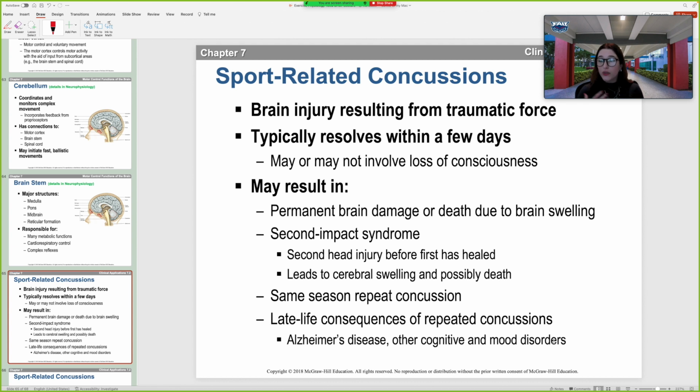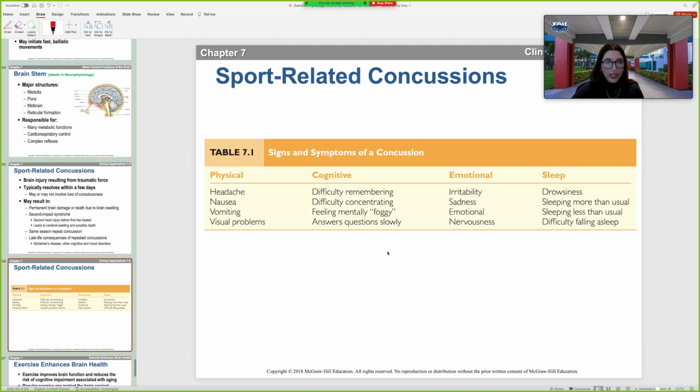If you've ever heard of CTE, we see that a lot with football when you get repeated head injuries. Not good. Here are some of the signs and symptoms of a concussion. You see that there's physical, cognitive, emotional, all sorts of effects.